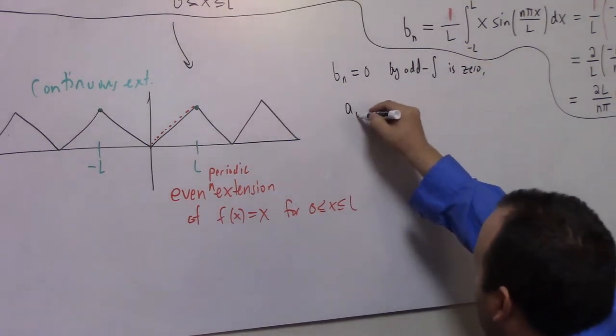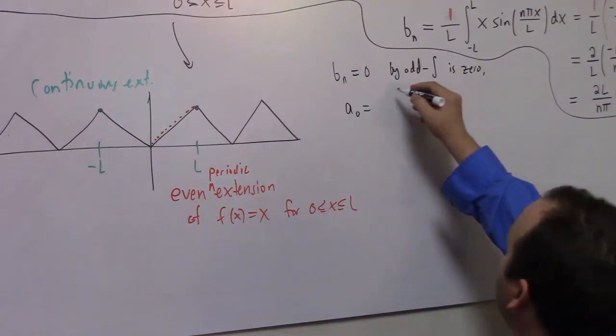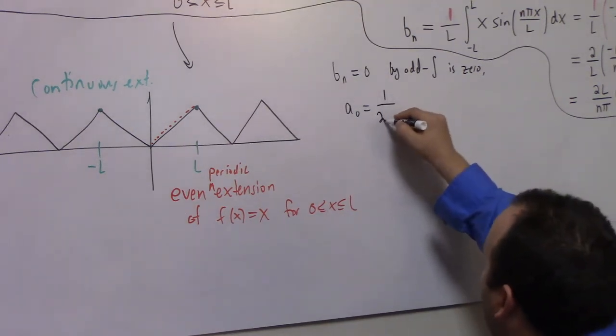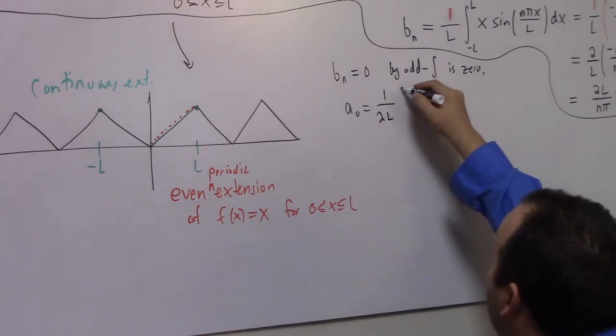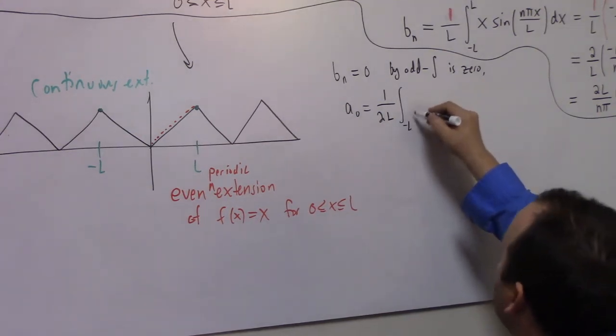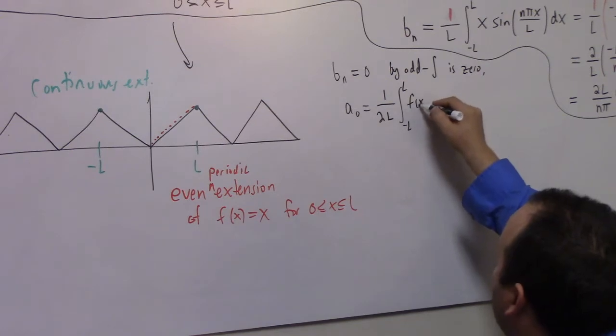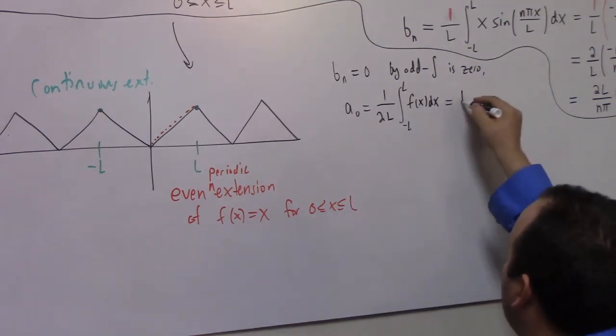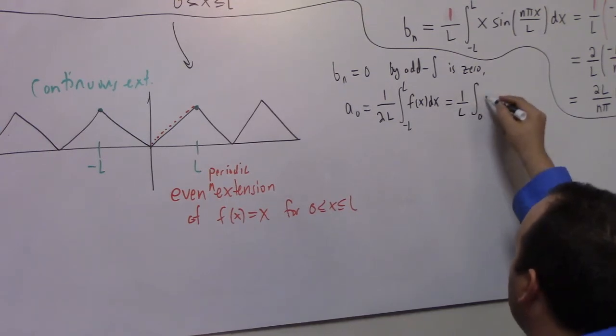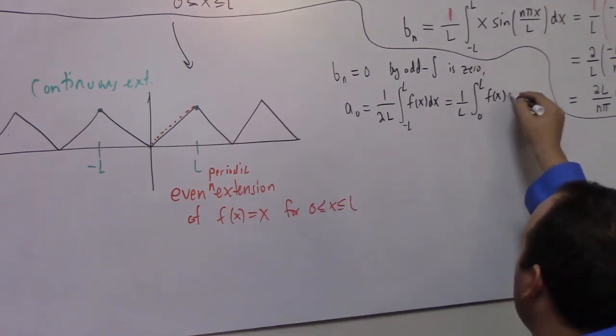The a sub naught is equal to 1 over 2L, the integral from minus L to L of f of x dx, right? But f is even, so this is really 1 over L, the integral from 0 to L of f of x dx, right? That's how we should do it.